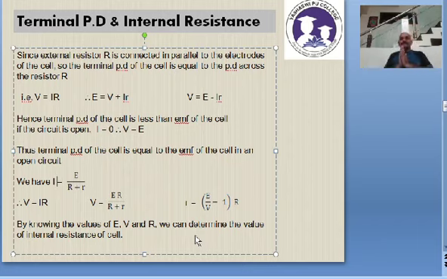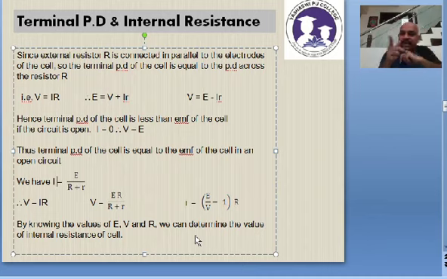So remember these things. One, EMF of the cell is the amount of work done in driving 1 coulomb charge through the external resistance plus work done in driving 1 coulomb of charge through the internal resistance.